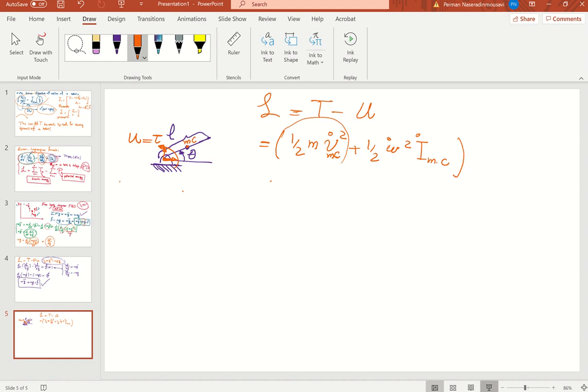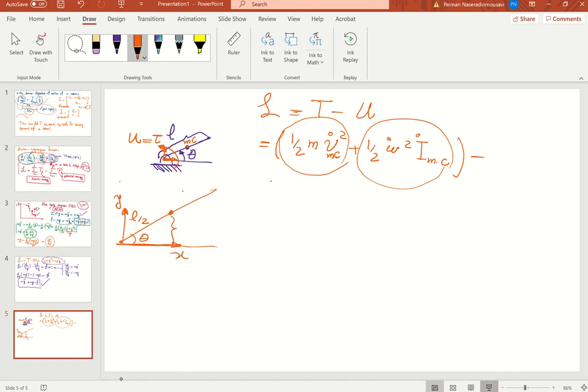This accounts for the translational velocity. This accounts for the rotational velocity. That's right, this is kinetic energy, minus U. Guys, I'm just putting a larger version of that here. This is mg. Here is L over 2. And here is theta. And here is your base coordinate system. This is your datum. Here is x and y.